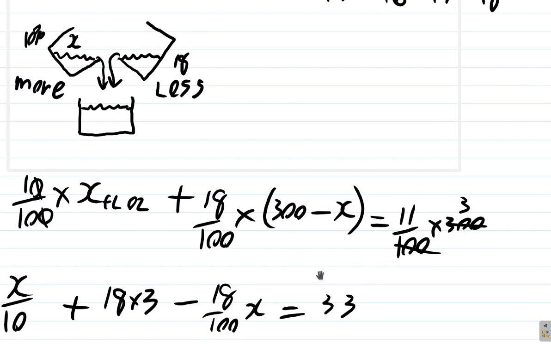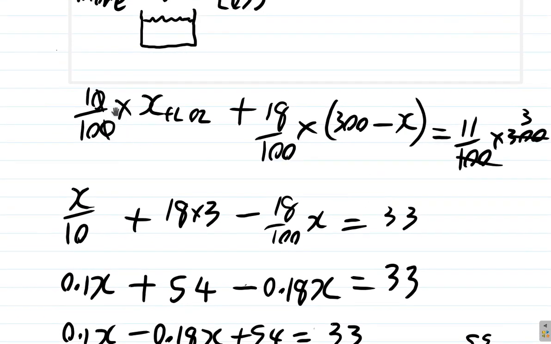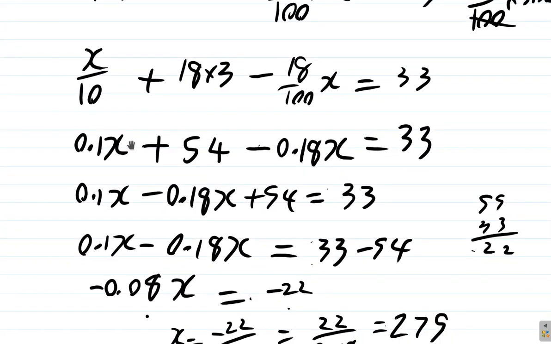Alright? So we work it out. This is x over 10 plus 18 by 3, 3 8 24. Bring down 4, carry 2, 3 1 3, and 4 5, minus 0.18 of x equals 33. So 0.1 of x plus 54 minus 0.18 of x is 33.